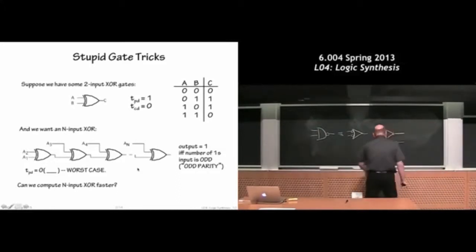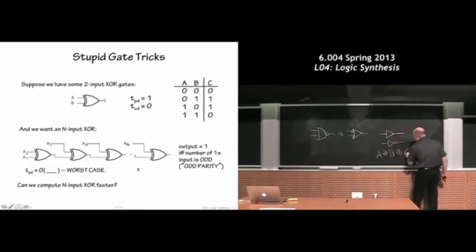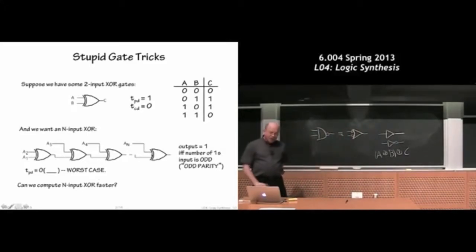So if I want A XOR B, so XOR is the plus with a circle in it, XOR C, I can do this as A XOR B, and then take the output of that 2-input gate, and XOR the output of that first gate with the second gate, and I end up with this long chain of gates, like so. And in fact, this does produce a parity calculation, or sum modulo 2, of a bunch of signals, this big chain of XOR gates.